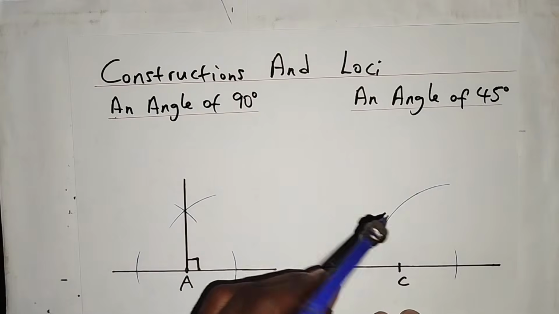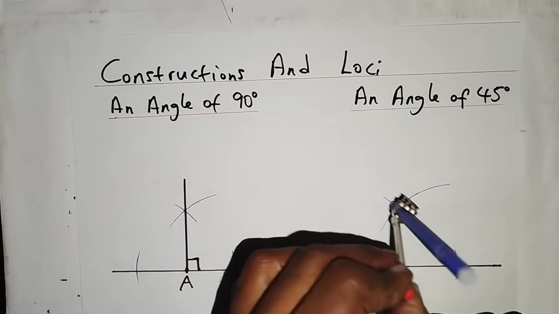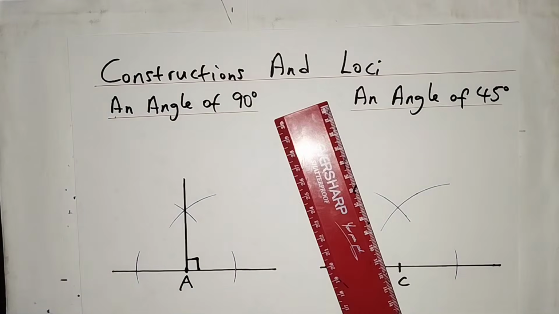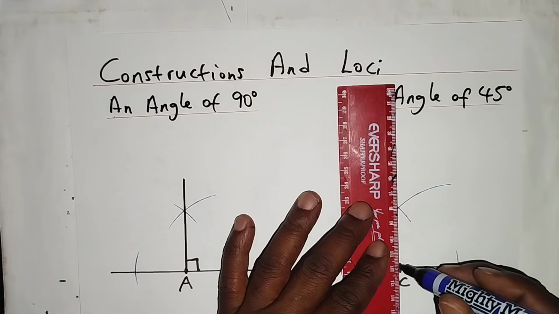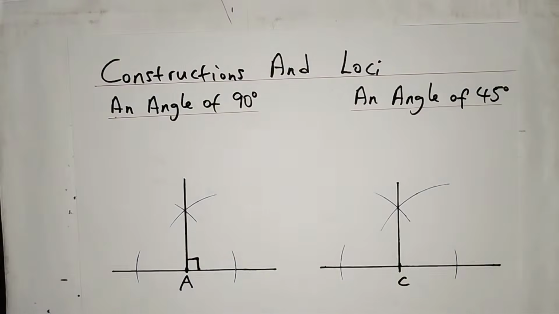This one also is my center. So now I'm drawing an angle of 90 degrees first of all. Okay, right from C right through the point of intersection of the arcs. So now here I've constructed an angle of 90 degrees and here is 90.